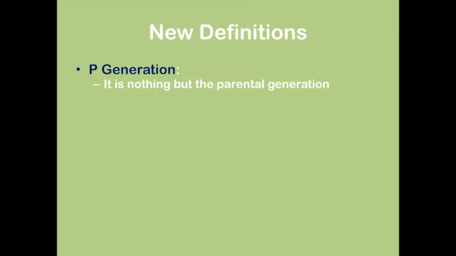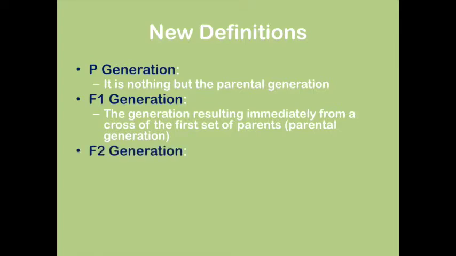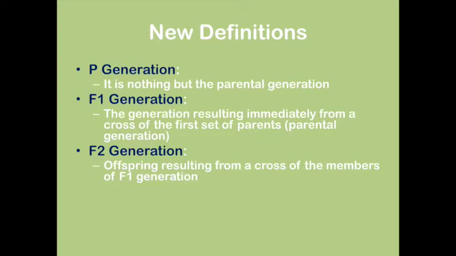The F1 generation is the generation resulting immediately from the cross of the first set of parents. Then the F2 generation is the offspring resulting from the cross of the F1 generation. So the basic cascade is as follows: P followed by F1 followed by F2. Okay.